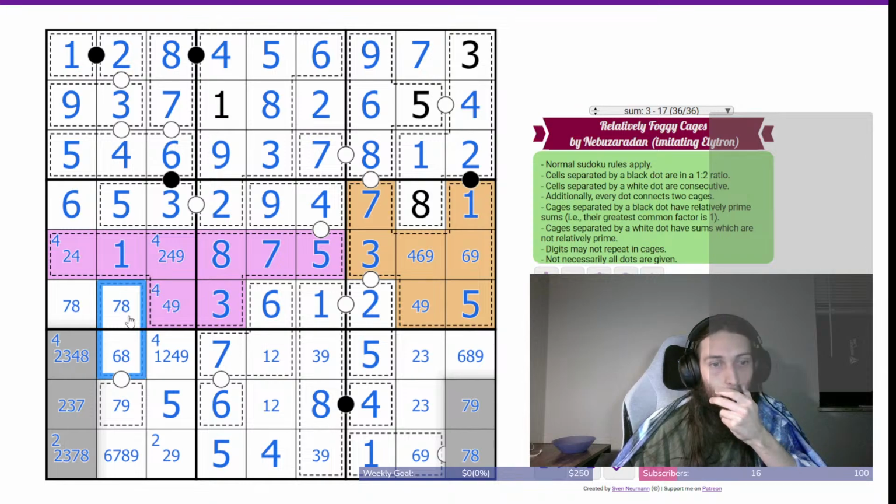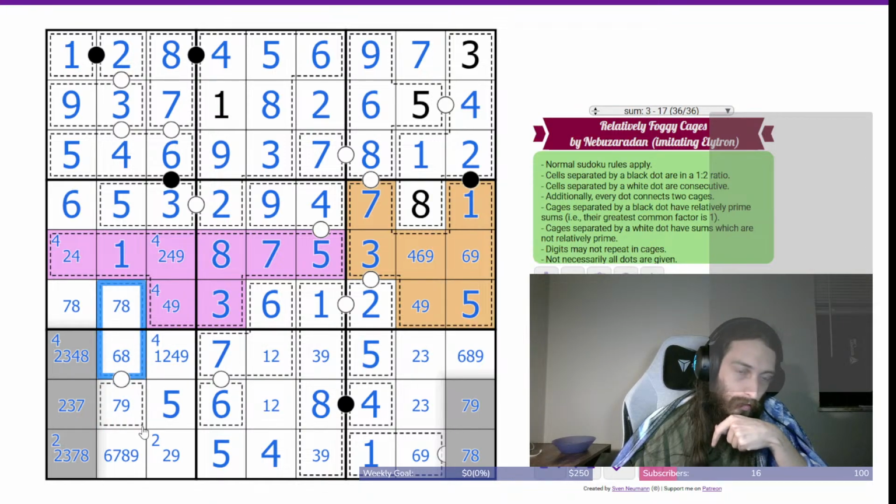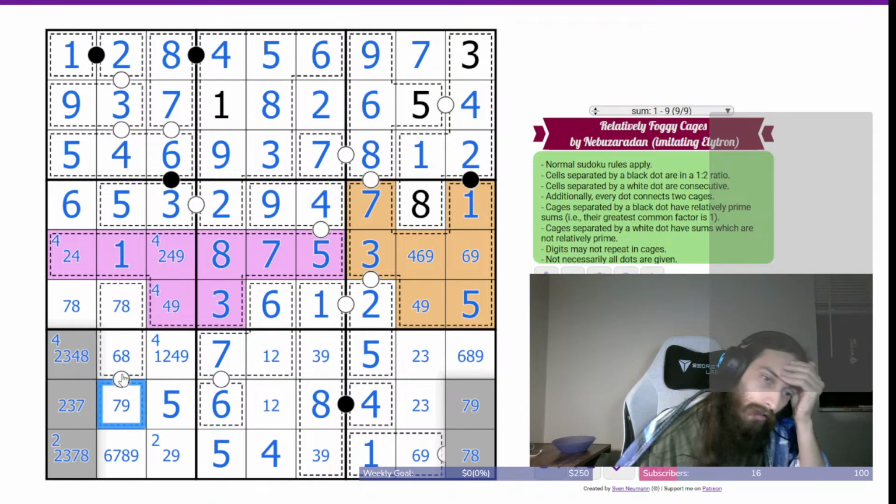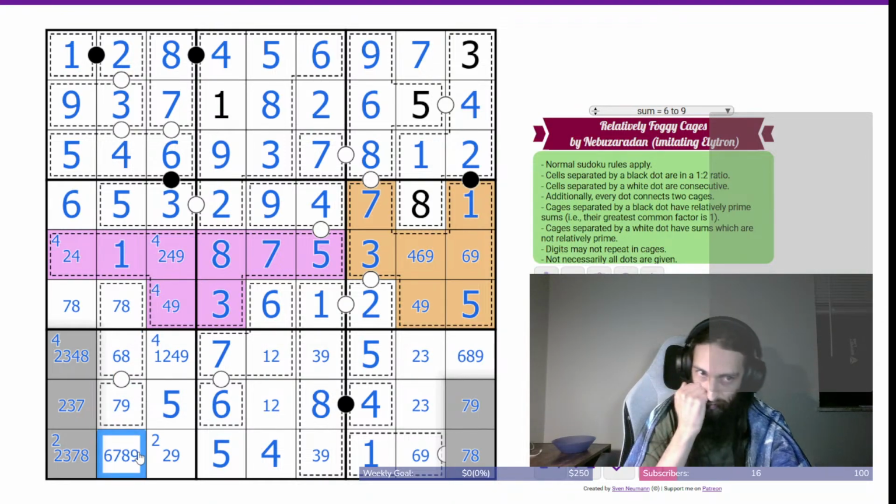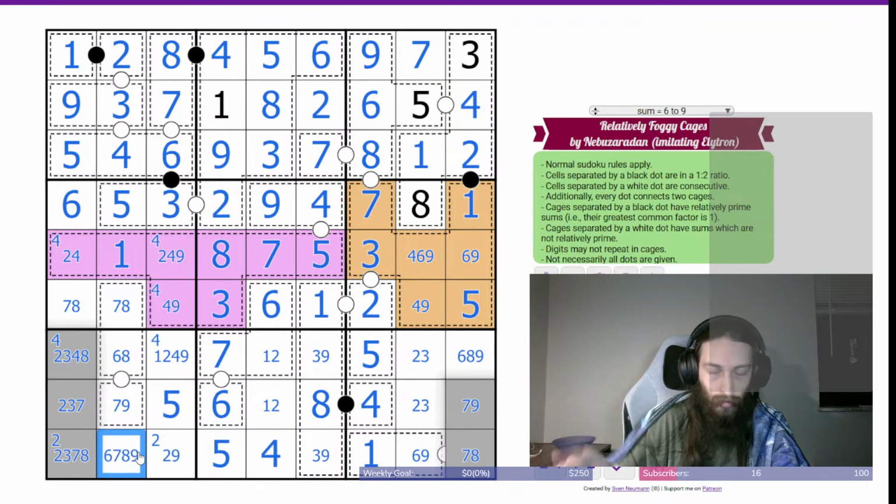Yeah. But 9 forces 8 and 7, so that's fine. 7 can't go 8 and 7, so 7 would be 6 and 8. But those go differently. But I think both of them have 8 and 7 in them.